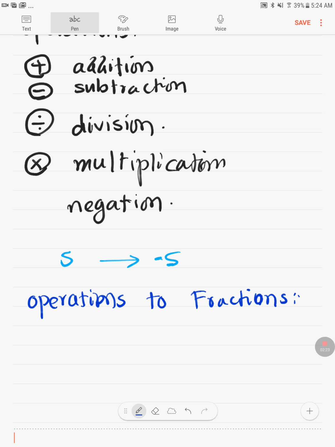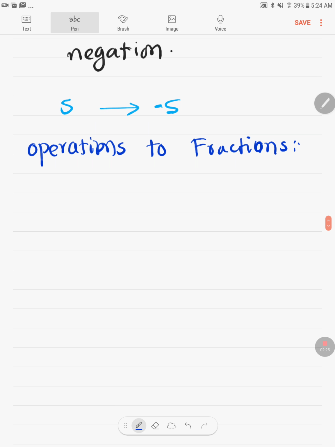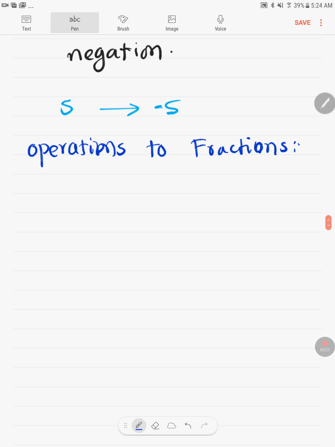And rational numbers are all those numbers in mathematics that could be written as a quotient of two numbers. For example, 1 over 2, which is 1/2, and the decimal representation of this number is 0.50.